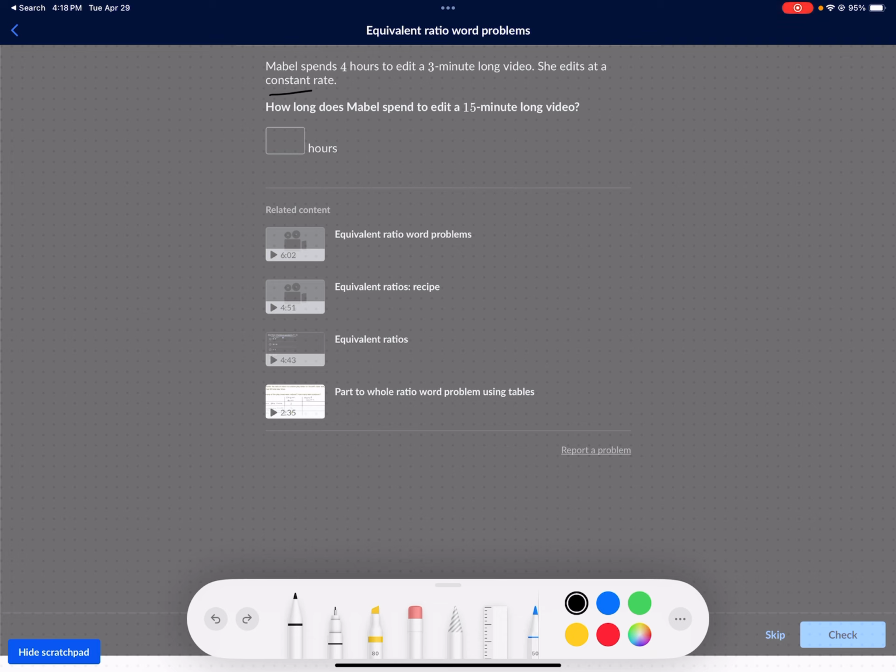So, let's see here. 4 hours. How do we convert to minutes? First of all, how many minutes is 1 hour? 60. 60 minutes are in an hour. If we are trying to find how much time Mabel spends to get a 15-minute long video, we should convert hours to minutes.